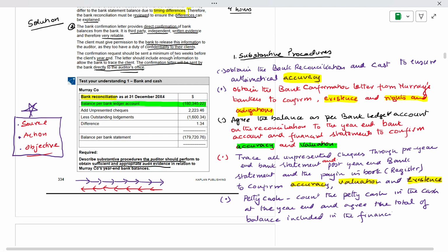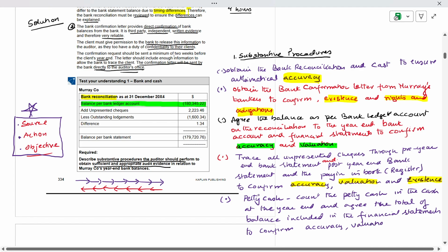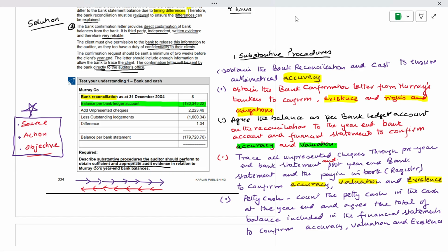Again to confirm accuracy, valuation and existence. Are you clear about this?